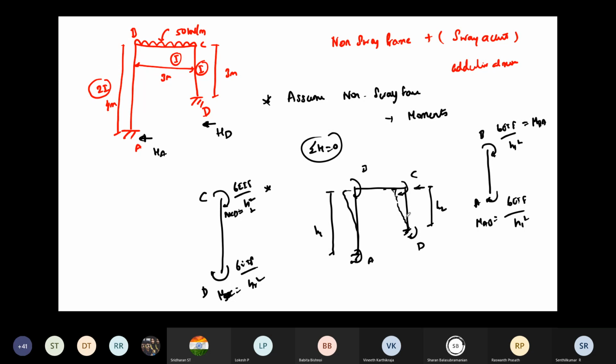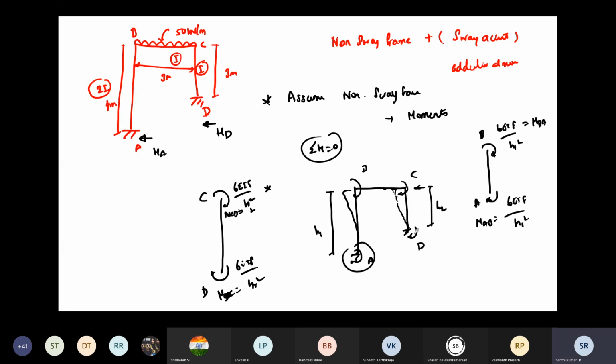So what your next procedure is, you just assume like that, and we have to do one more iteration for sway calculation alone, for the sway moment alone. For that, the only amount we know is the ratio of MFAB to MFDC.